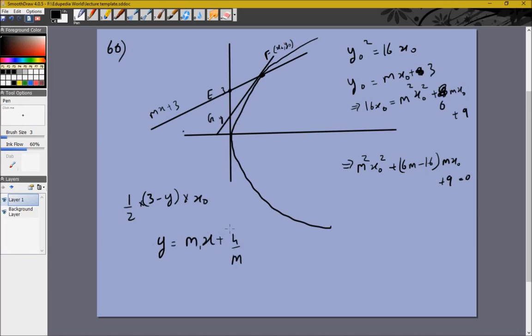This is the standard tangent, and if this is y1, then m1 is equal to 4 by y1, which means y is equal to (4 by y1)x plus y1, and this passes through x0, y0, which means y0 is equal to 4x0 by y1 plus y1.